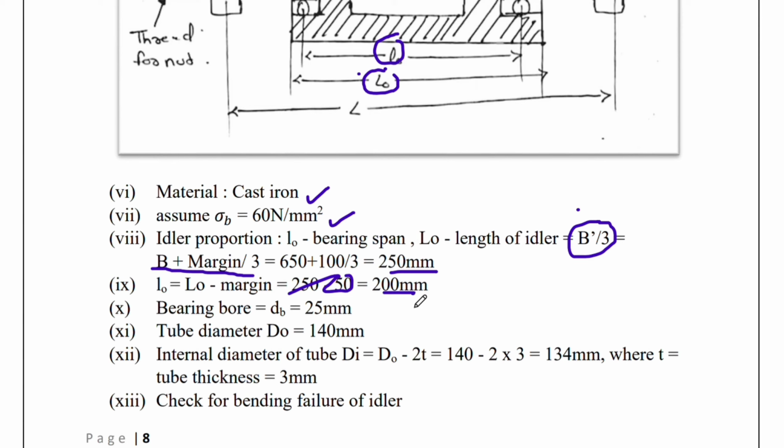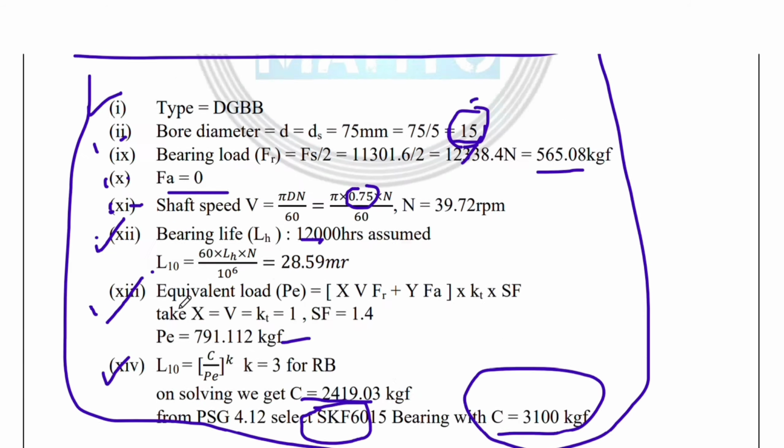The length of the bearing span will be 200 mm and the length of the idler will be 250 mm. Next, we will find the bearing bore. The bearing bore DB is equal to 25 mm, and the tube diameter DO will be 140 mm. These both values were assumed in step number 2, and I will show them in step number 2.